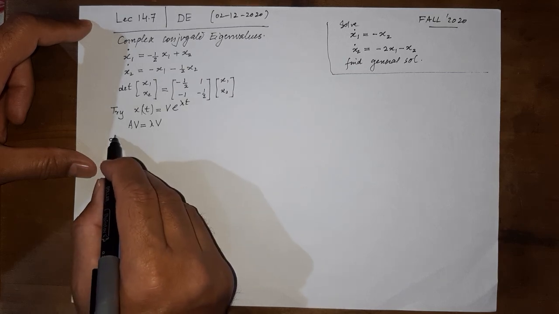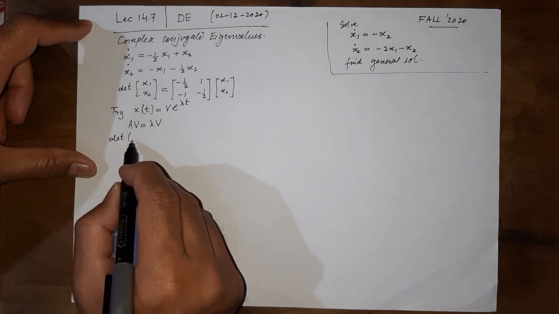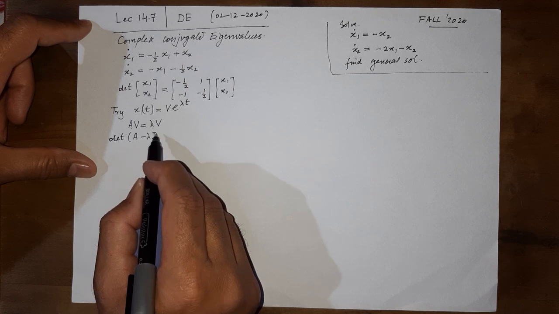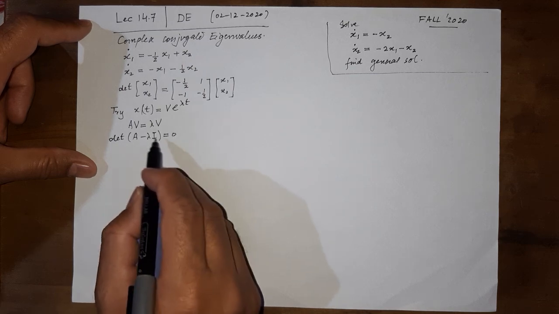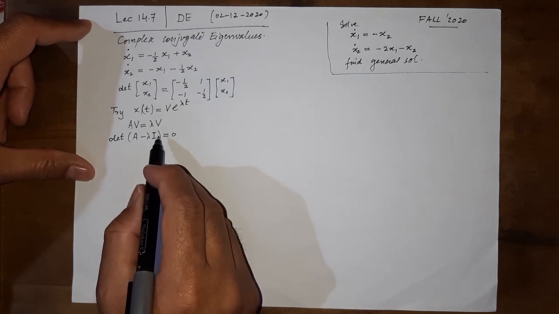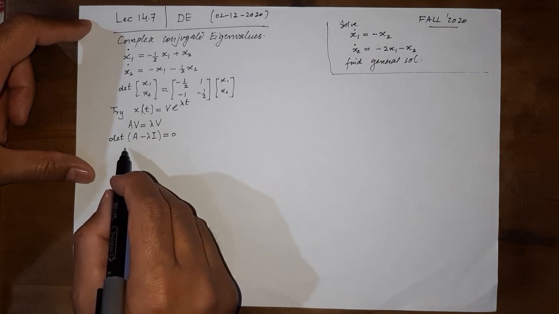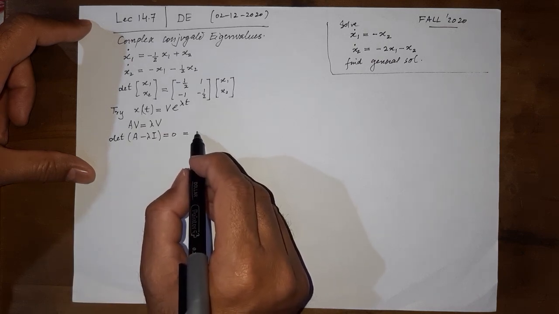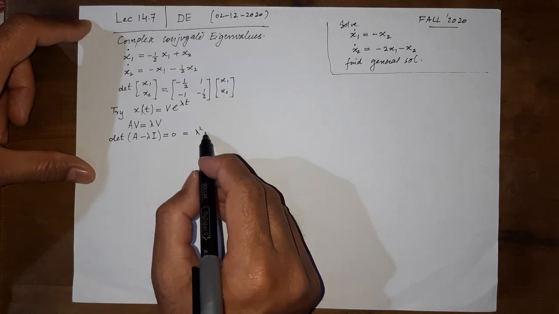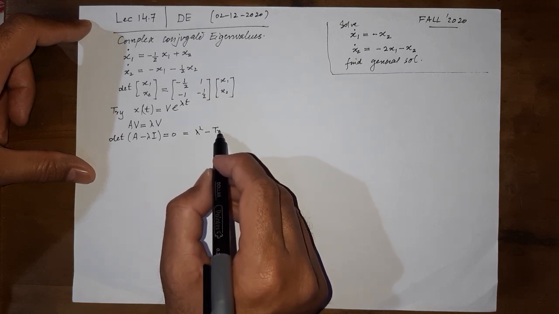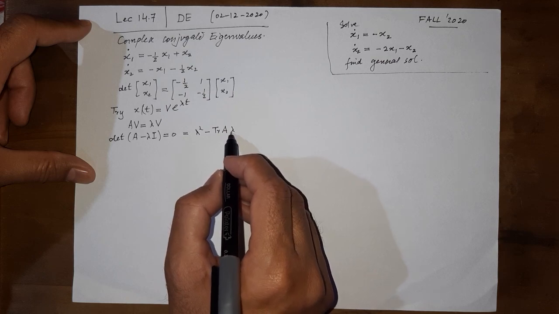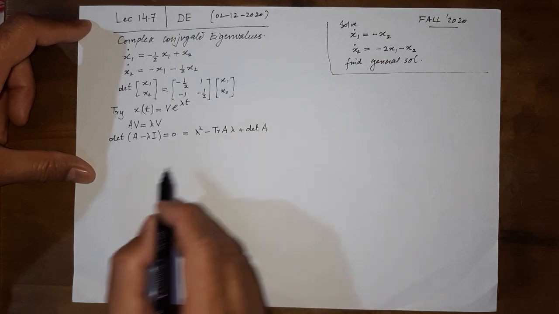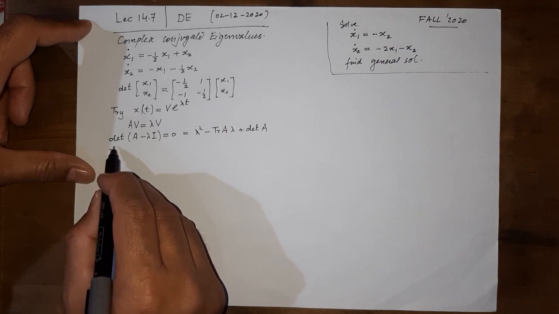We know that the determinant of A minus lambda I should be 0 for the eigenvalue problem to be solved. And you should remember that this was equal to lambda square minus trace of A into lambda plus determinant of A. So let us just write this down.